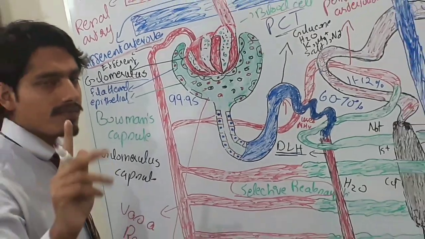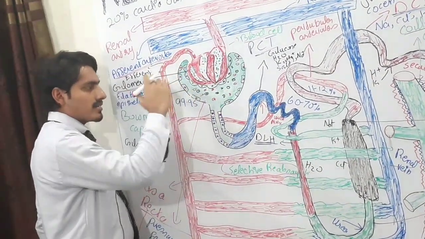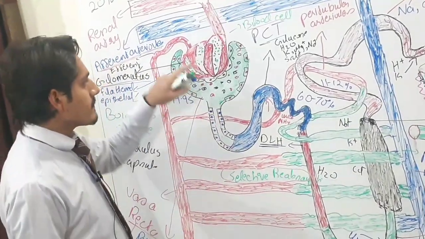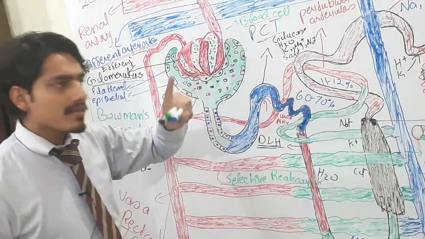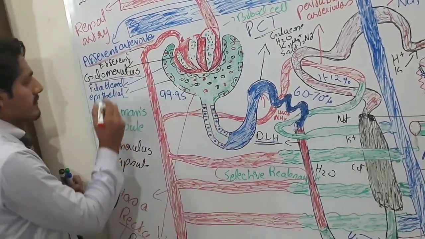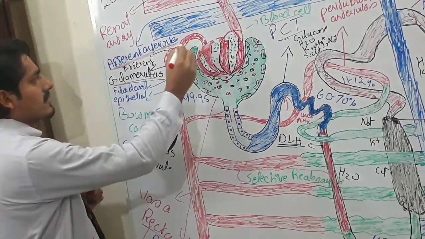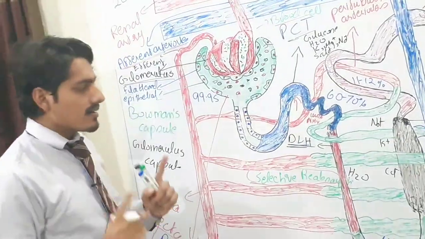After the formation of the glomerulus capillaries, when they leave the Bowman's capsule, they are further divided into smaller diameter arteries. These are called efferent arterioles.